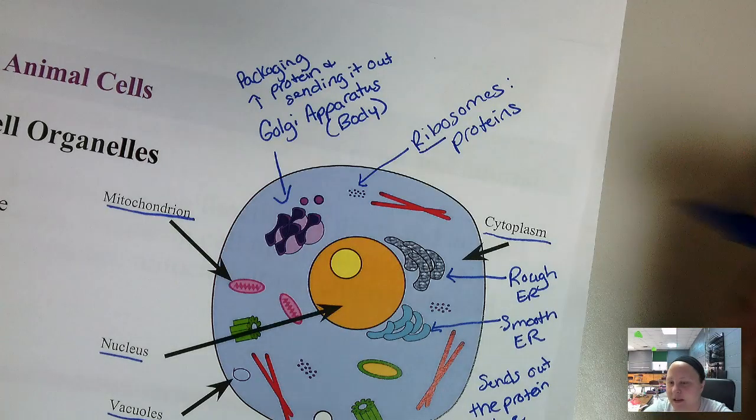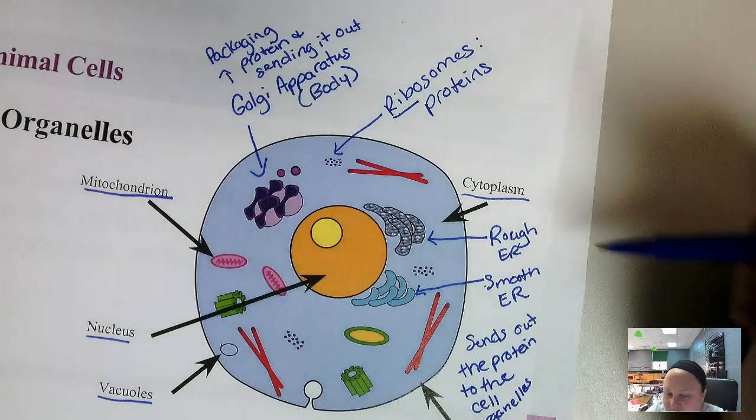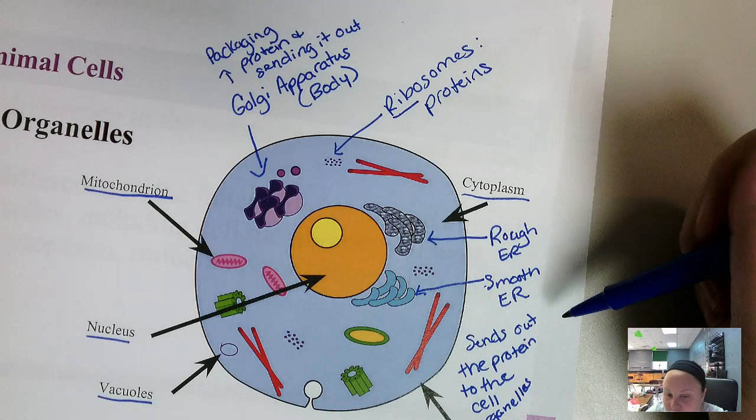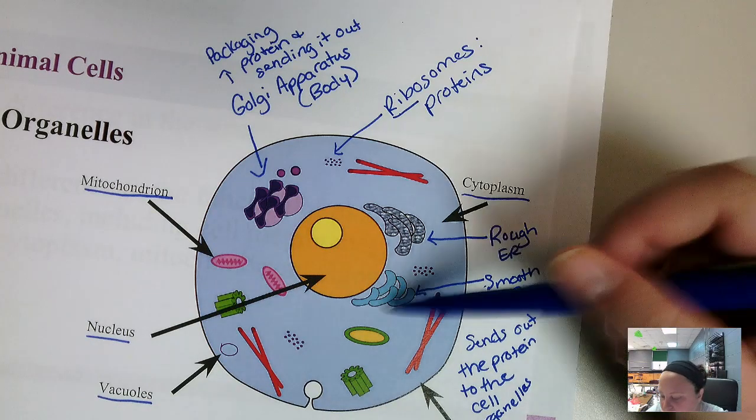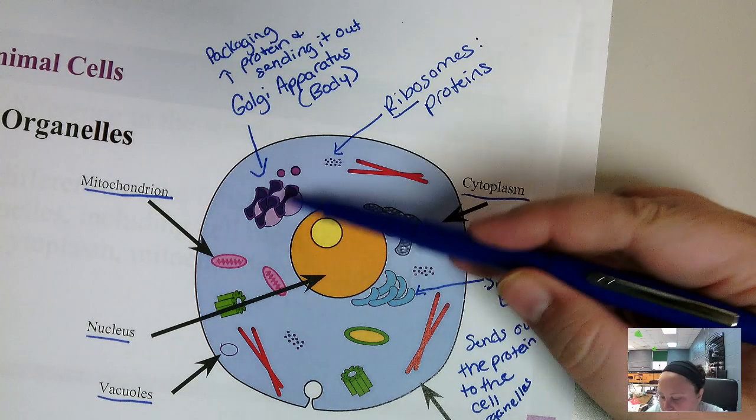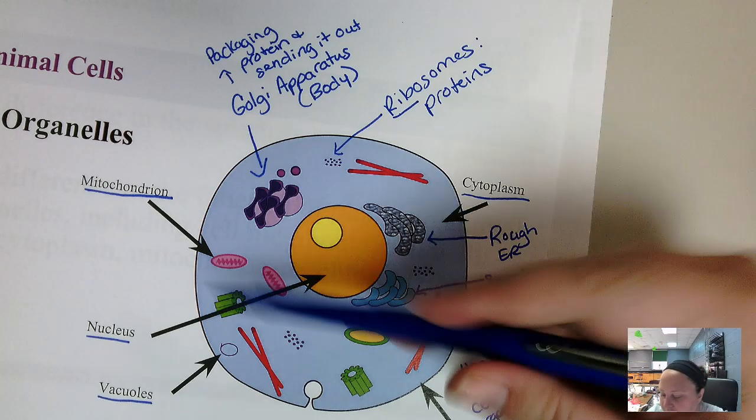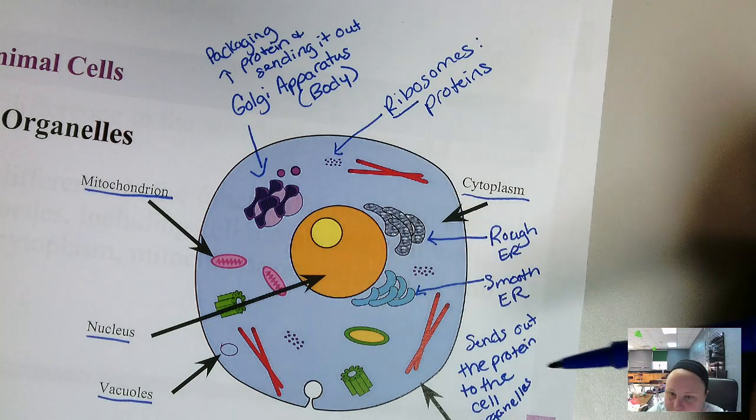Get that? Okay. Cell organelles. Let me move that over. So if you want to think of an ambulance or a delivery truck, they're the ones that send what the Golgi apparatus packs up and sends out that protein to all the organelles.